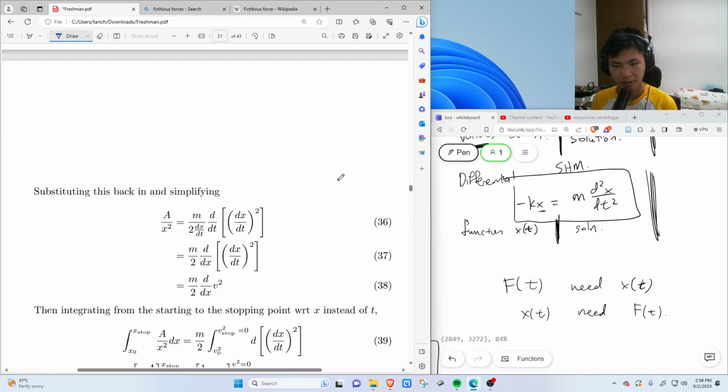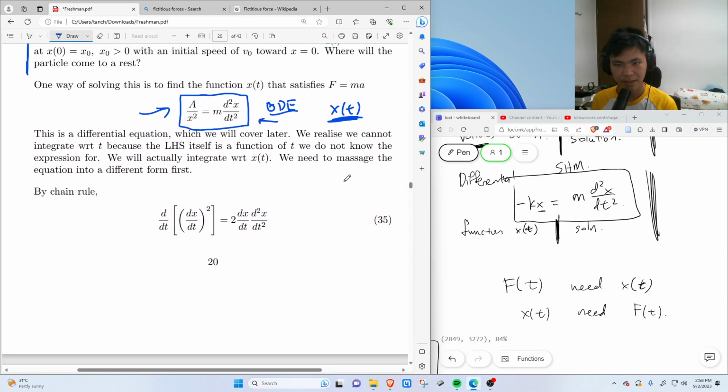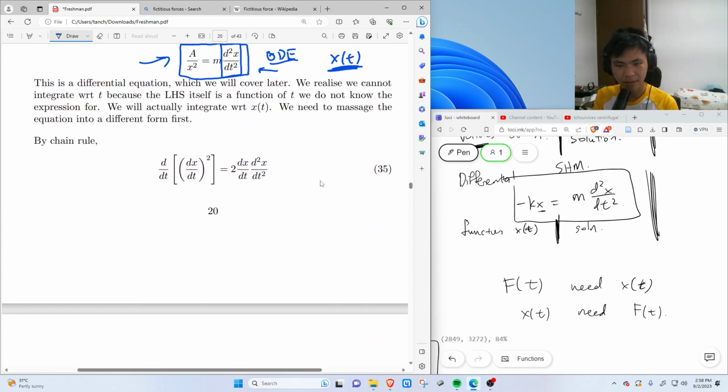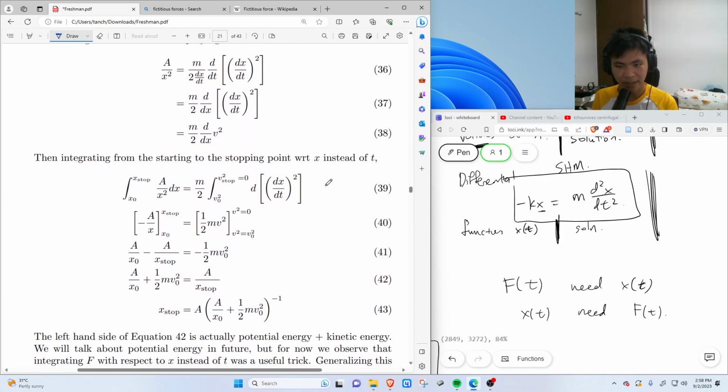There's a way to massage this second derivative into something that involves the derivative of velocity squared. I'll go through the details shortly, but by doing that, you get something like that, and this allows you to integrate the force with respect to position instead of time.